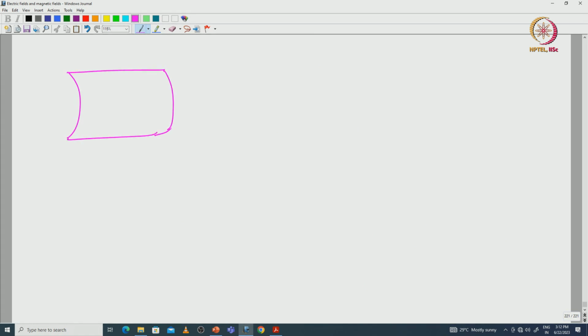Same rotor structure I am considering, of a length LE. Without skewing the bar will be in this manner, with skewing the bar will be like this.